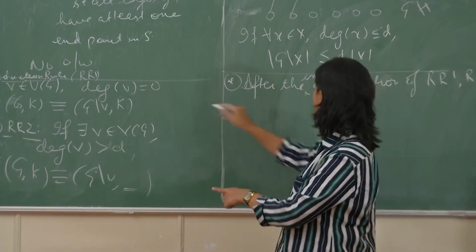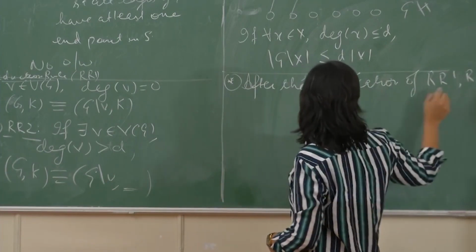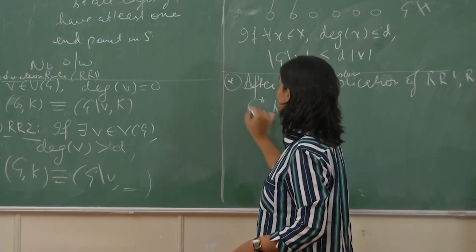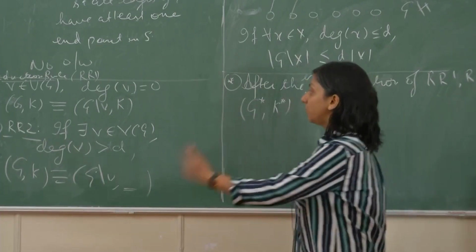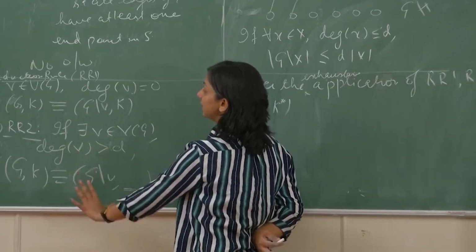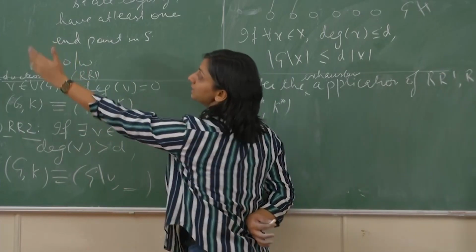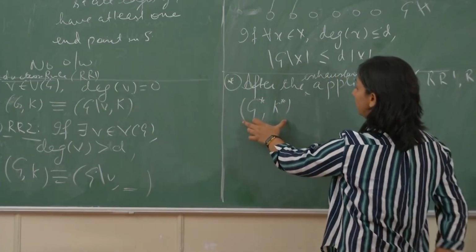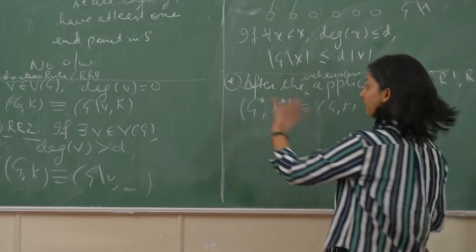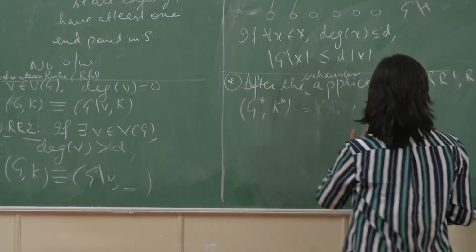And you stop after the application of this reduction rule. What is the property of the graph? Let's say after the application of this reduction rule, we get an instance G star, K star. Because these reduction rules are safe, and equivalence is a transitive thing, I know this is an equivalent instance to G, K. So I only have to solve the problem on this.